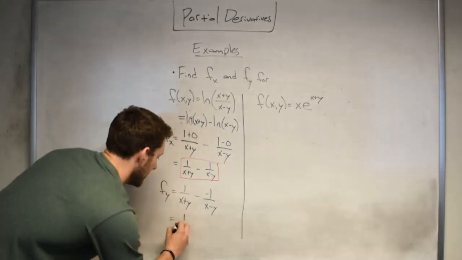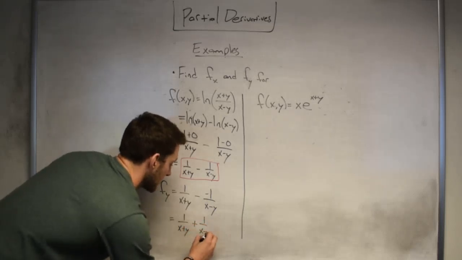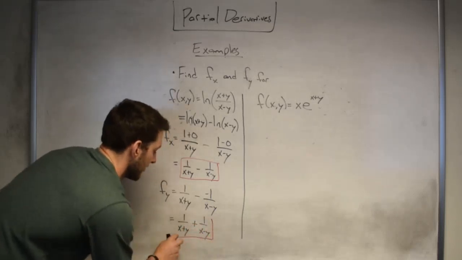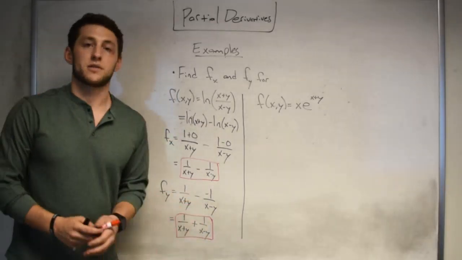Upon simplifying, we get 1 over x plus y plus 1 over x minus y as our final answer for the derivative with respect to y once we go ahead and cancel out those negatives.